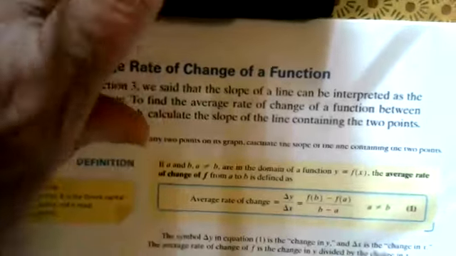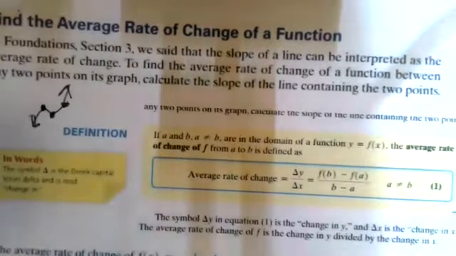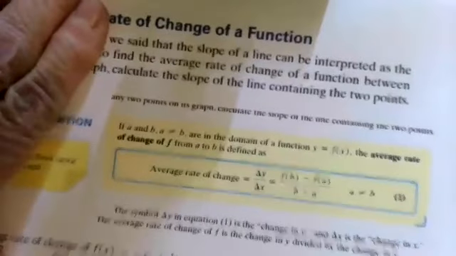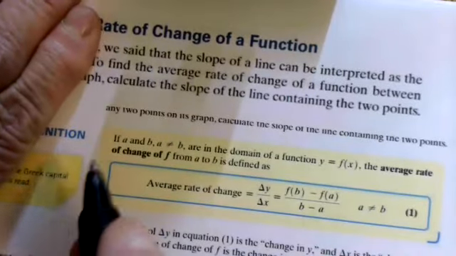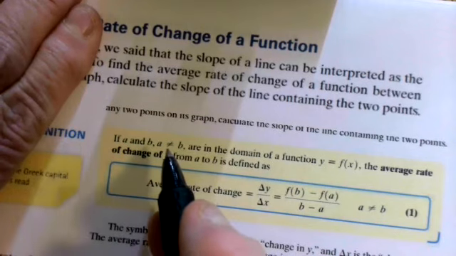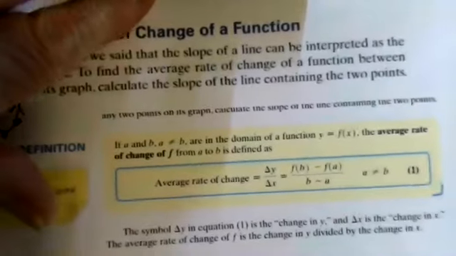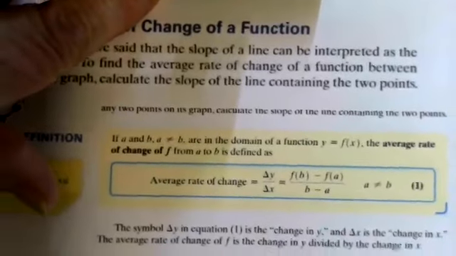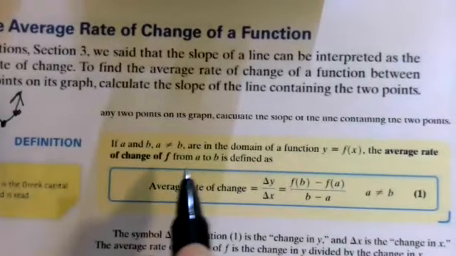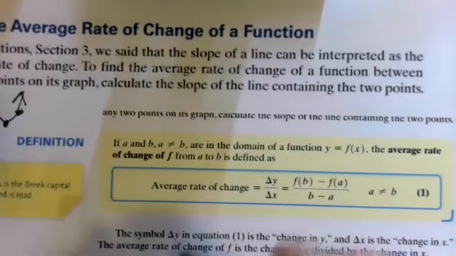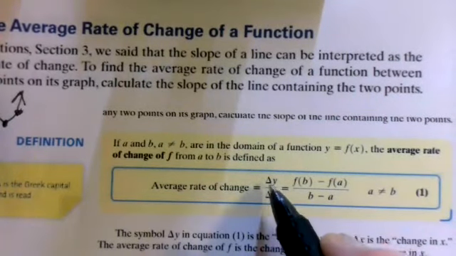Okay, so the way the average rate of change is defined is, if you've got a and b, and a is not equal to b, and they're both in the domain of the function y equals f of x, then the average rate of change of f from a to b is defined as delta y over delta x.